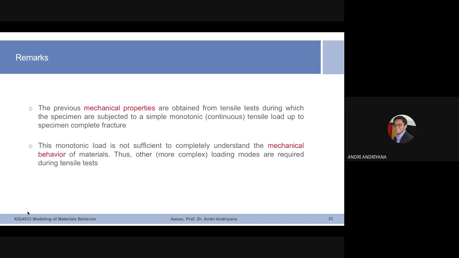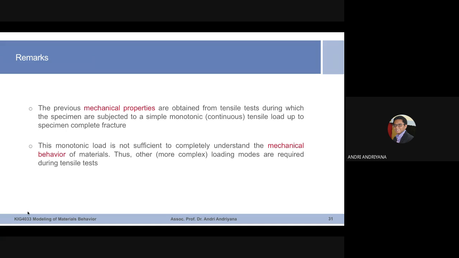Okay, a few remarks on what we have seen 2 weeks ago: we have learned about mechanical properties of materials. These are things that you have seen in the first year when you learned about material science and engineering. We have seen that the easiest way to obtain the mechanical properties is by conducting tensile tests. With the tensile test, you can obtain the stress-strain curve.